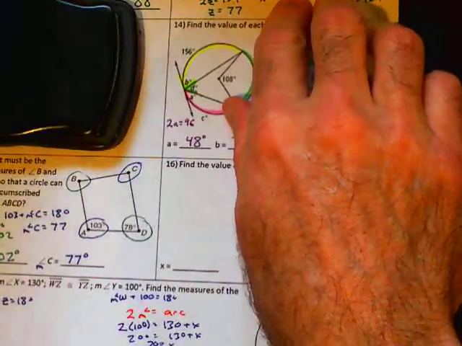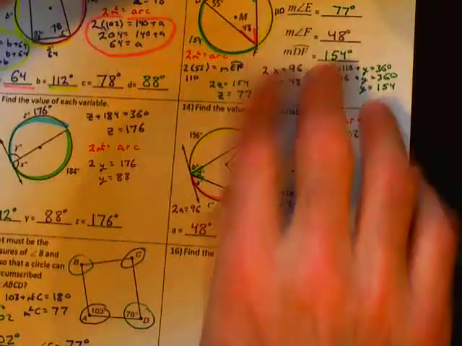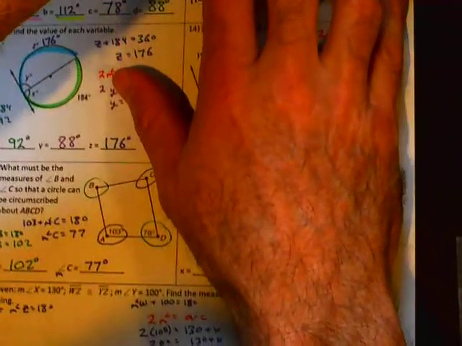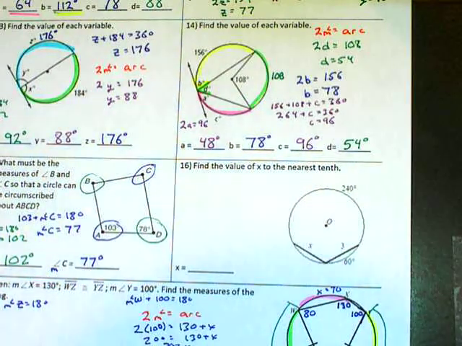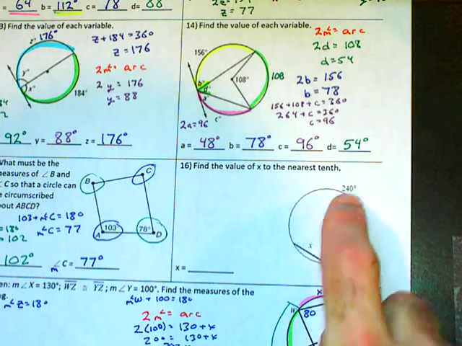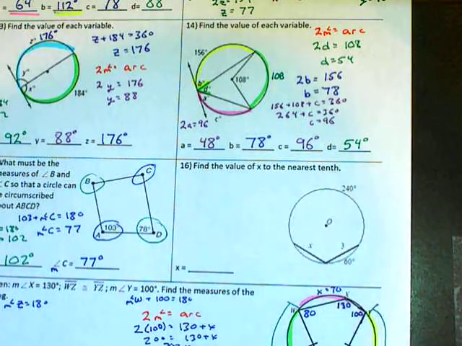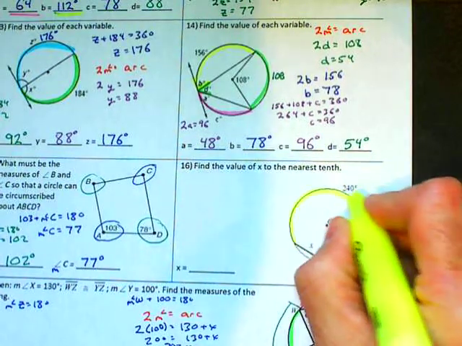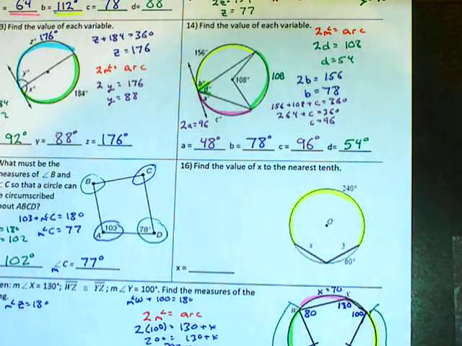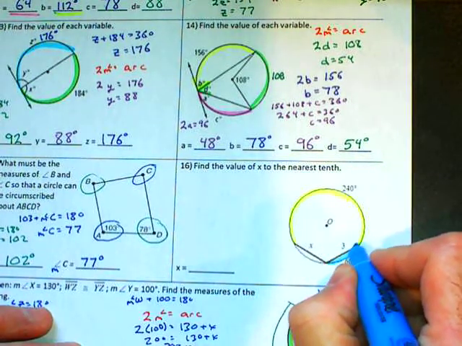For this, I can't quite get it to do what I want it to do. Let me see here. Okay, so the next part, number 16. The key to this is actually a really simple problem, I recall. If this is 240 and this is 60, these two arcs, this arc, 240, this arc, 60, make up 300 degrees.